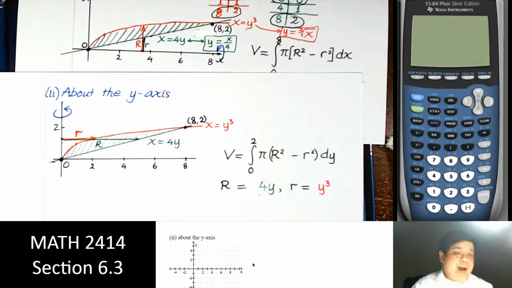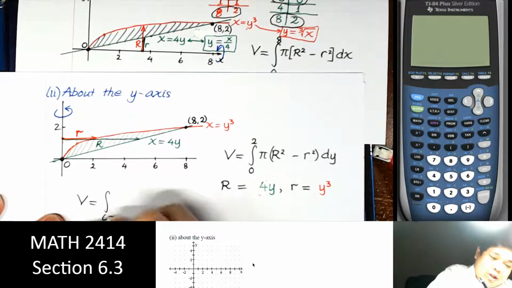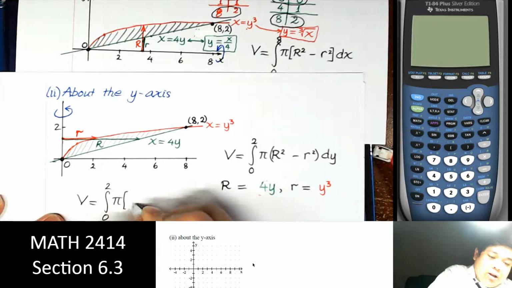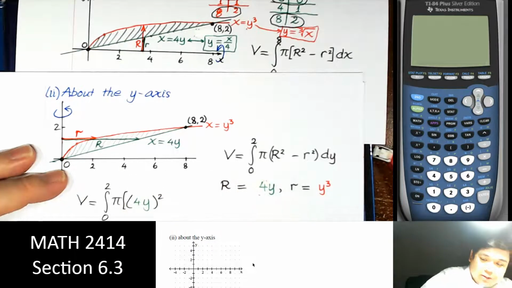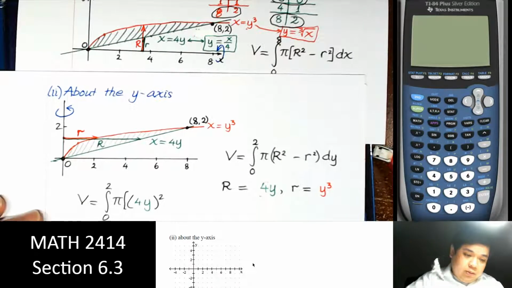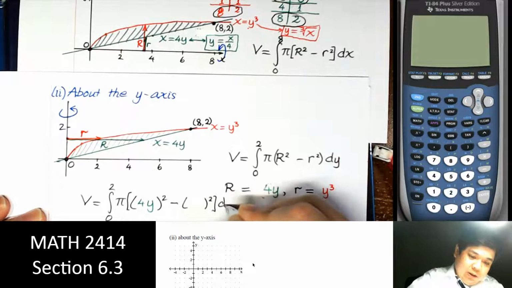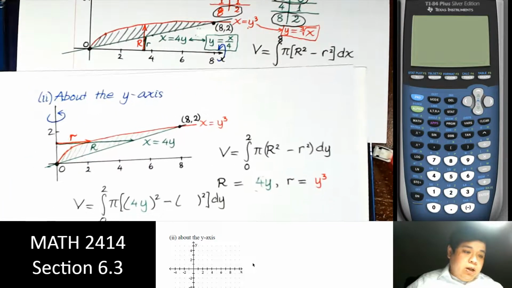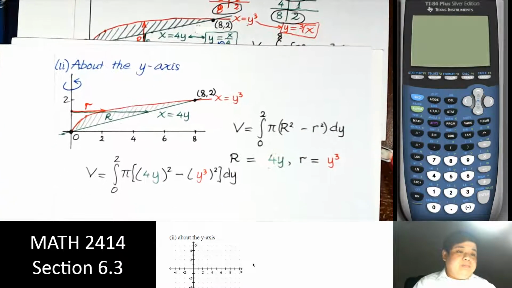Inner radius, outer radius, small radius, big radius. Bottom line is the integral from 0 to 2 of pi times: the big radius is 4y, the little radius is y cubed. Right. Now we just do the setting up of the integral here.